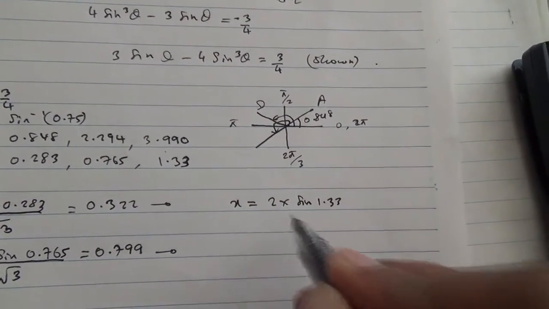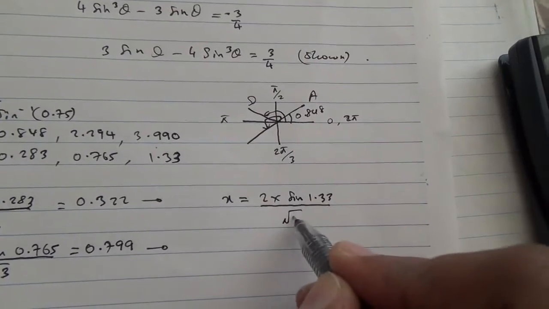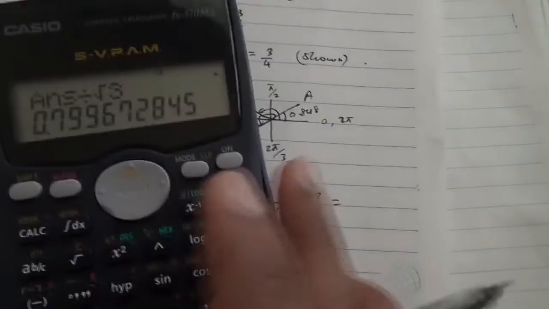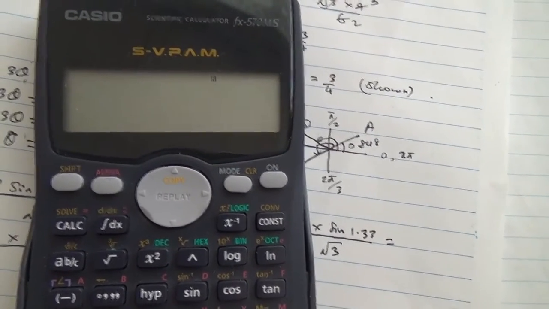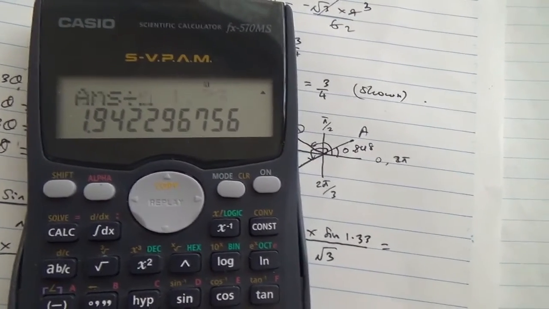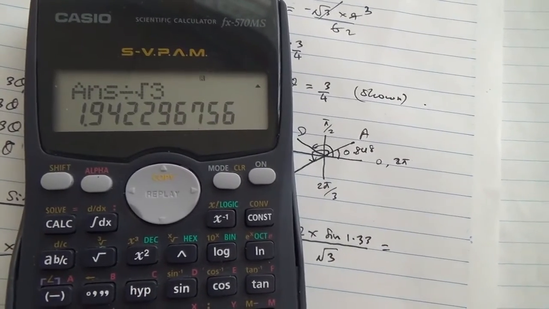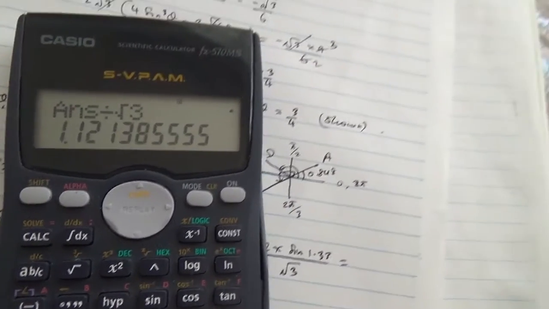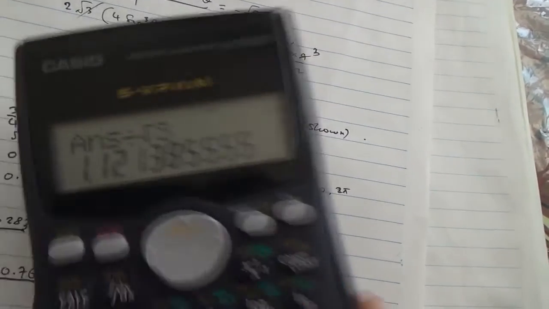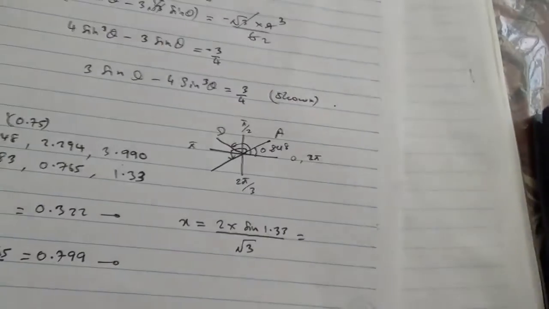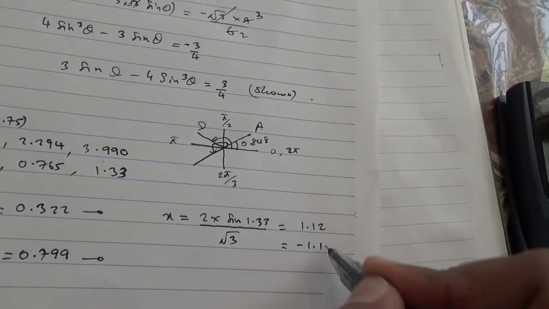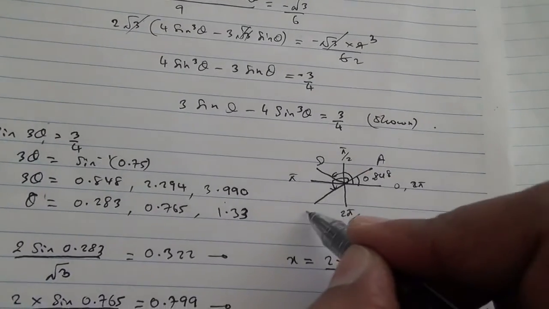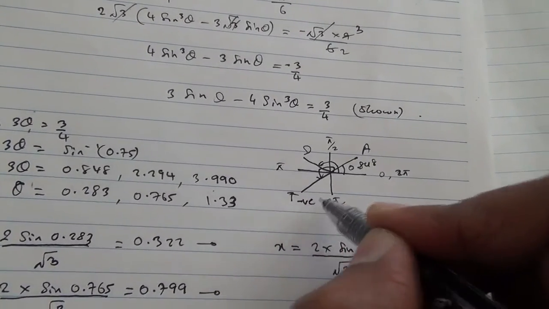Sure, that one's going to be negative, divided by the root of 3. That's going to give us 1.12. Therefore I can say minus 1.12 because that's a negative value. It's in the third quadrant. Here it's negative for sine.